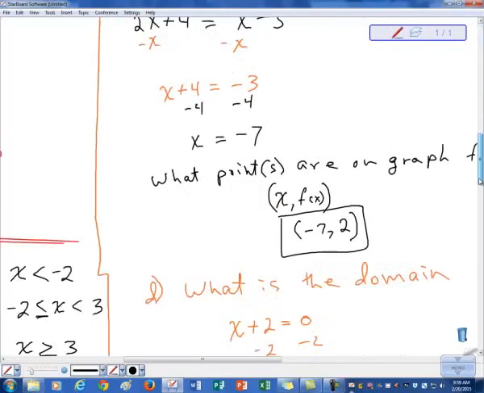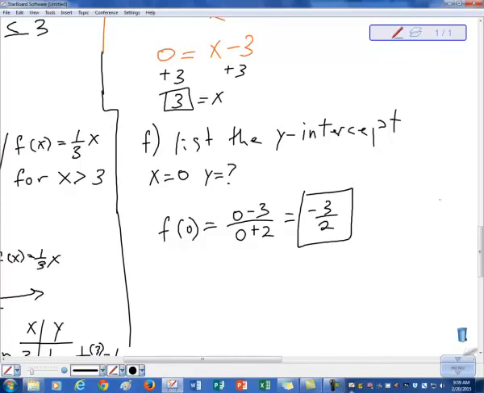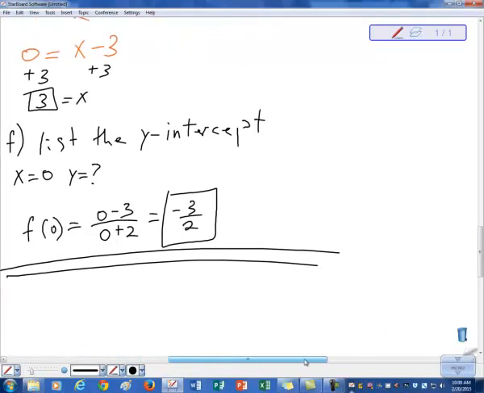So this will be f of 0, 0 minus 3 over 0 plus 2, and we get negative 3 over 2 out. And so you would just write that as negative 3 over 2. Okay, and so that's that particular problem.